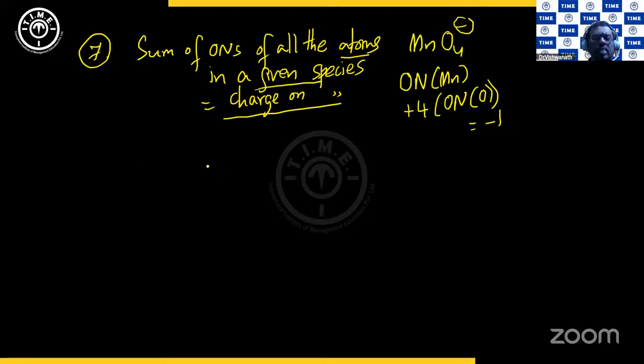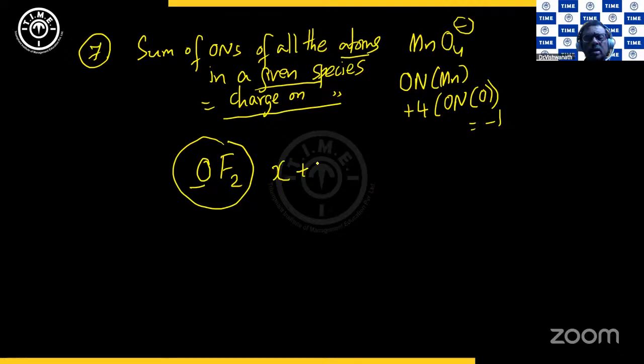One simple thing we'll do here to start with is OF2. Now oxygen's oxidation number plus 2 into oxidation number of fluorine should be equal to the charge. What is the charge on this? It is 0 because it is neutral. So I'll write here, let us say oxidation number of oxygen as X plus 2 into fluorine, which is always -1, and that whole thing is equal to 0 because the charge is equal to 0.